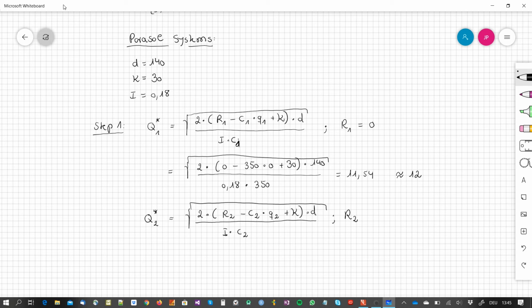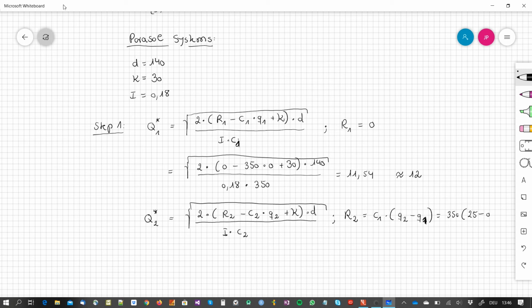And we have R2, which is now given in the following range. This is the price 350 multiplied by Q2 was 25 minus 0.